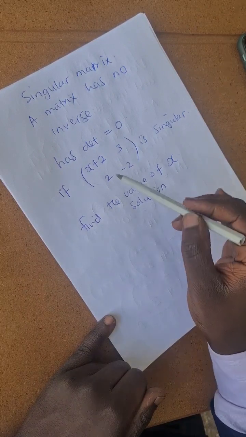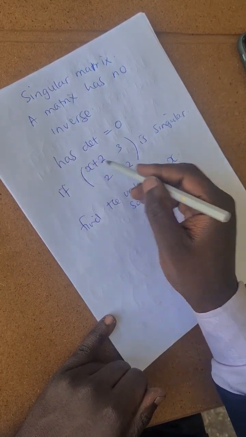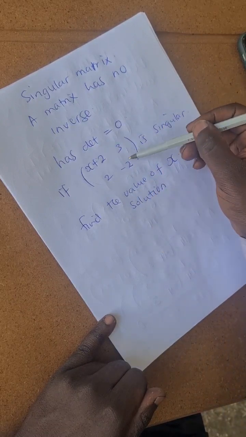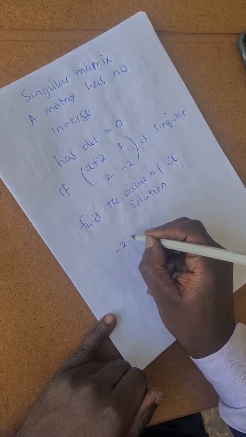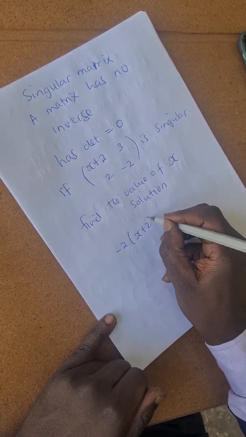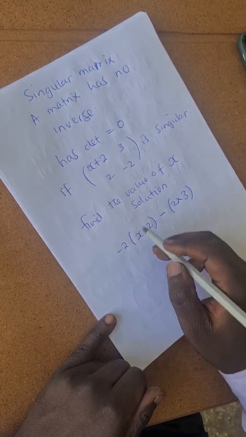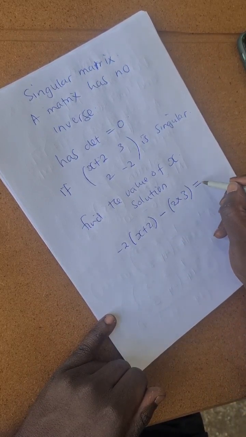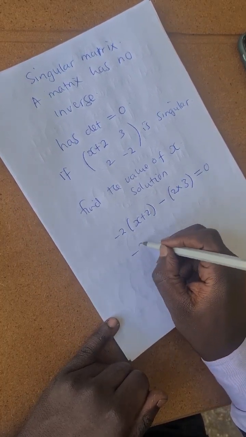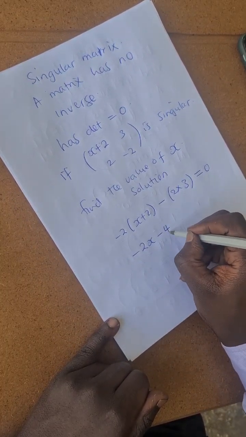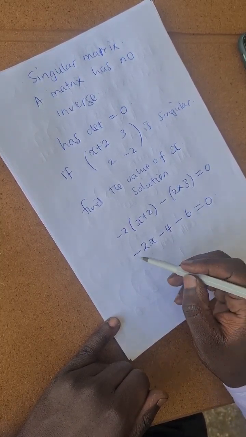What it means is if you find the determinant of this matrix here, it's supposed to be 0, right? So we cross multiply, and then we put a negative in between. We multiply that one there, negative 2x plus 2, then we put a negative here, 2 by 3. This is how you find the determinant. We know that a singular matrix is supposed to be equal to 0. We multiply: minus 2x minus 4, minus 6 is equals to 0.